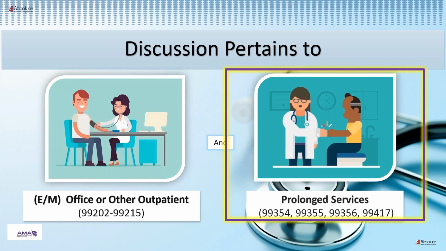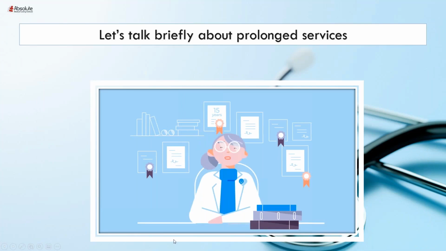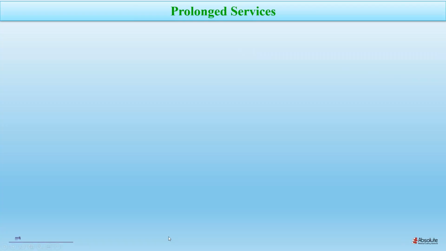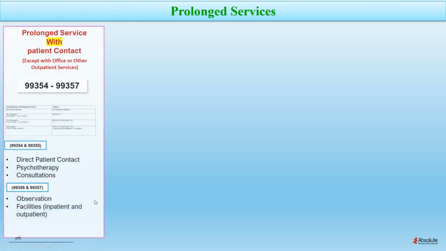Prolonged services codes pertain to office visits and other encounters, and they are used anytime the service is beyond the usual evaluation and management encounter. So these are time-driven codes. We love time in E&M because they're straightforward.